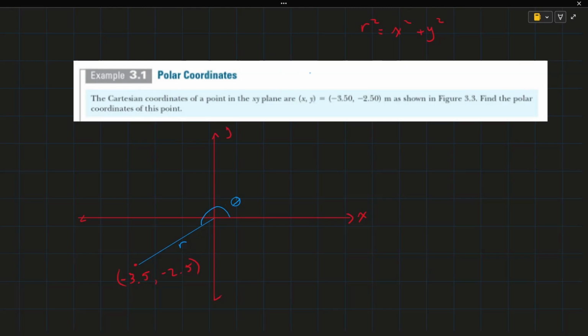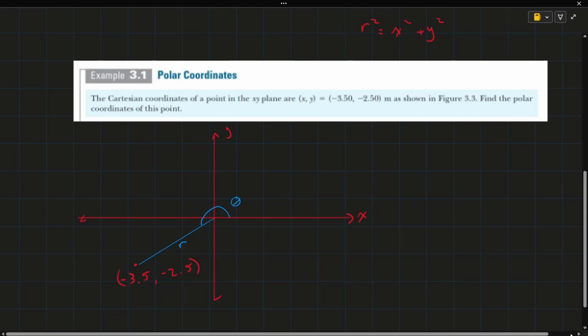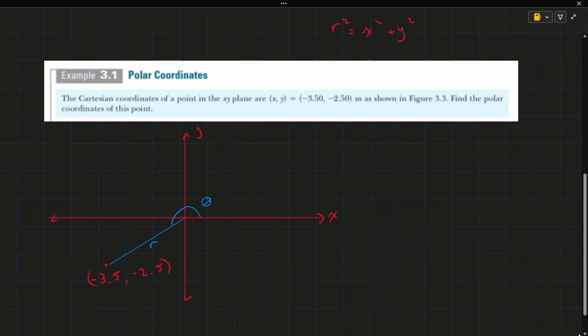So the easiest way is to draw our little triangle out, in the correct direction as well. We have a line there and a line there.